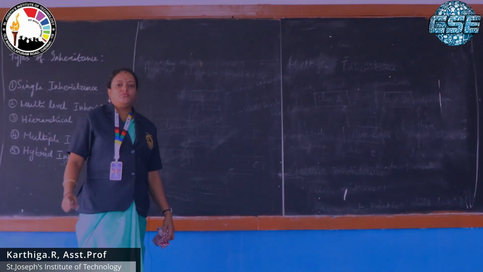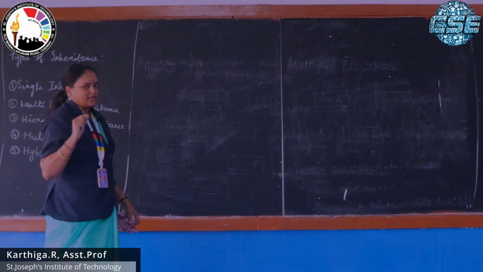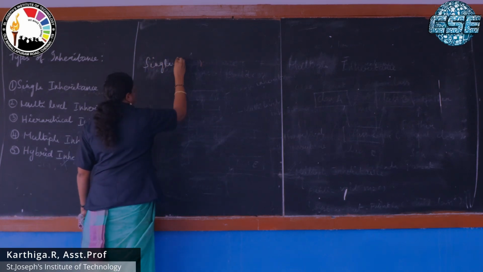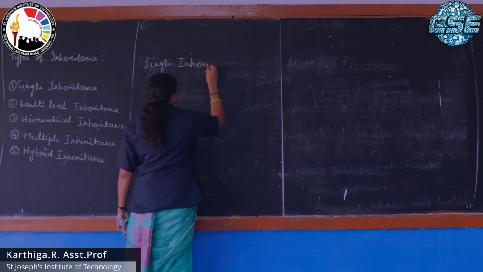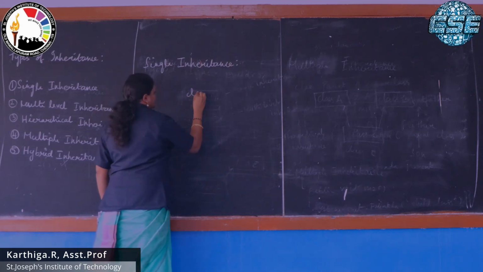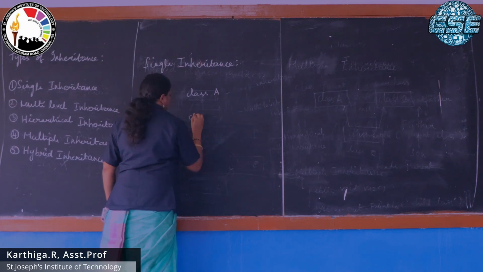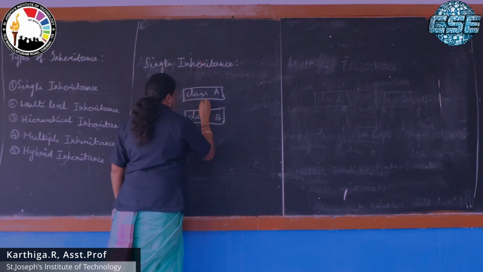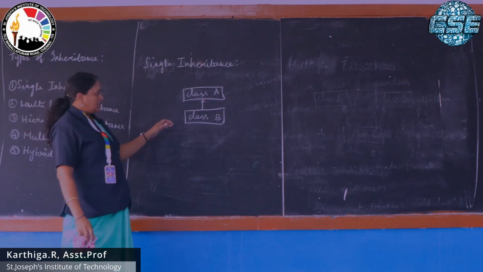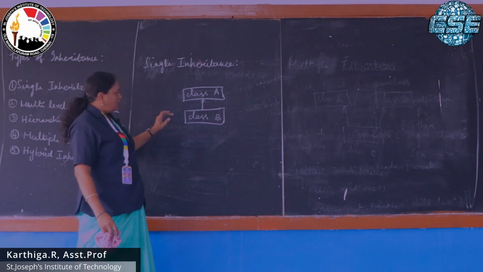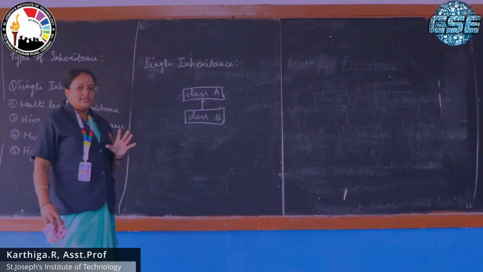Okay, now we are going to see the example for single inheritance. Okay, as I told earlier, class B acquires the properties and behaviors of class A. Okay, for this type of inheritance, I am going to show you the example.